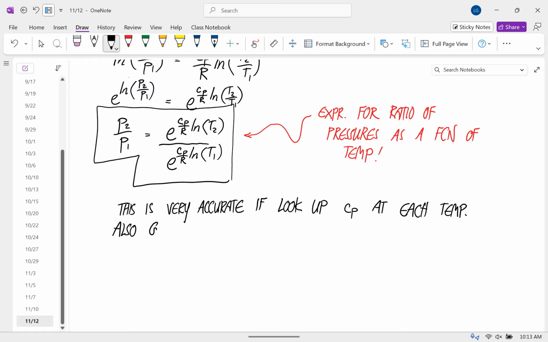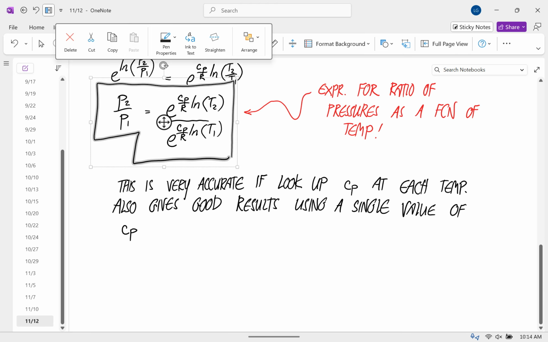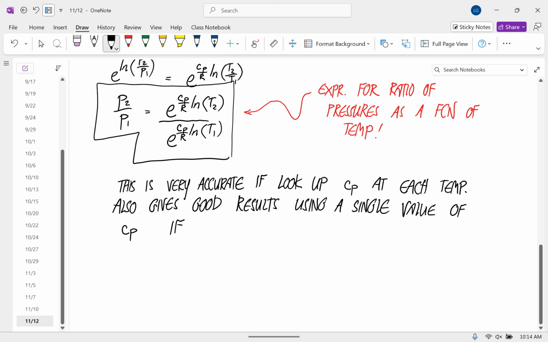It also gives good results using a single value of Cp if there's a small change in temperature.